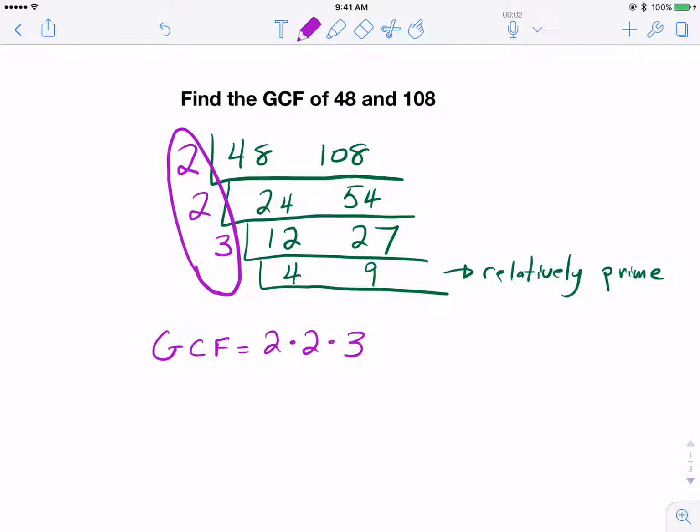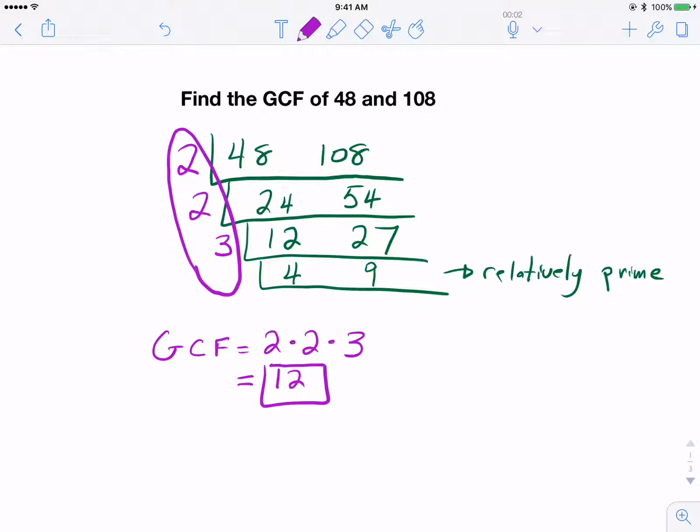We pulled out all of these things they share separately, and now we're putting it together, saying if they had all these in common, then obviously the product they also have to share. And the product of 2, 2, and 3 is simply 12, giving us a final answer of a GCF of 12 for 48 and 108.